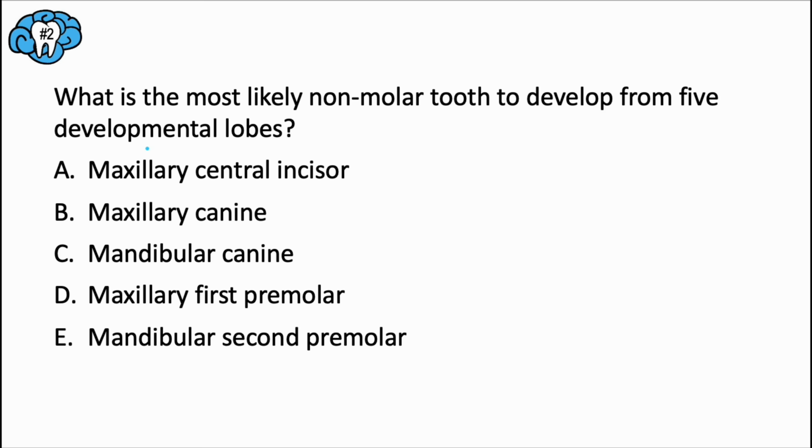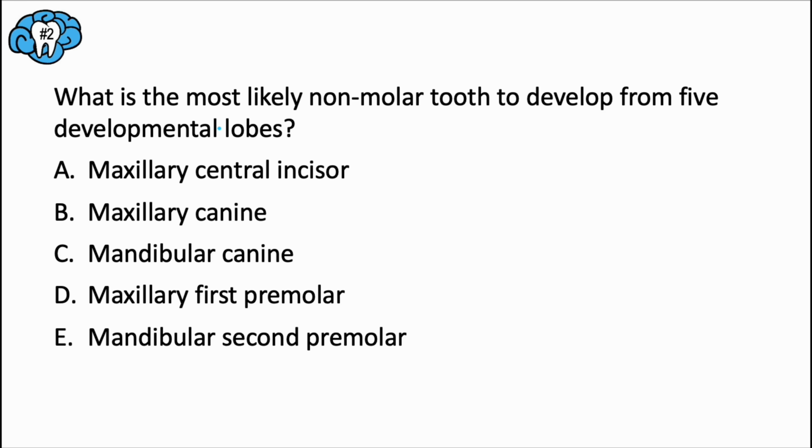When it comes down to the developmental lobes, almost every tooth in the mouth originates from 4 of them. There are only a few exceptions to that rule. A 3-cusped molar will have 3 lobes, like the heart-shaped maxillary second and third molars. A 5-cusped molar will have 5 lobes, that's the mandibular first molars and maxillary first molars with a really big cusp of Carabelli.